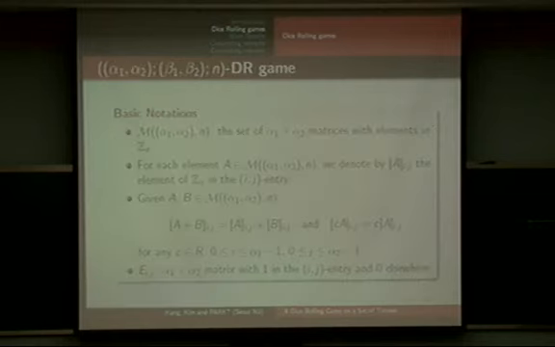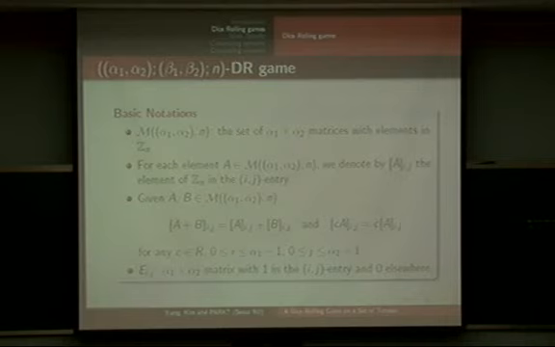For convenience, I'll introduce some notations. We denote by M(alpha 1, alpha 2, n) the set of matrices with elements in G sub n. And for a matrix A, we denote by [A sub ij] the element of G sub n in the ij entry.